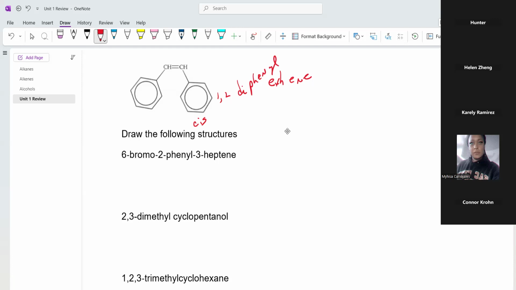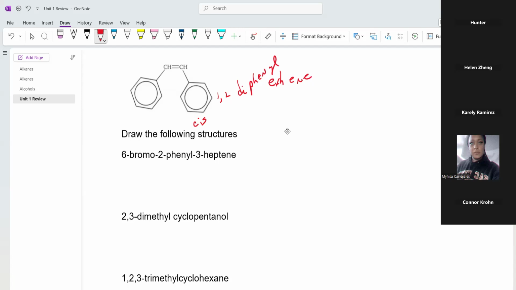I don't know if I'm making sense. OHs are alcohols, right? I'm saying, wouldn't these be benzene rings, or what makes them a phenol group? The benzene rings? Okay, so because they're the branches off it, go ahead.